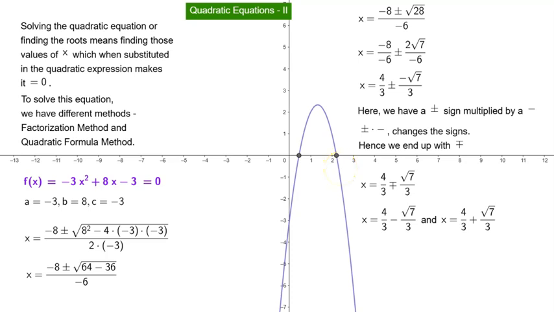If you notice, the two roots lie at equal distances on either side of 4 by 3. Here it is 4 by 3 minus root 7 by 3 and 4 by 3 plus root 7 by 3. That means they both are equidistant from 4 by 3, comma 0.